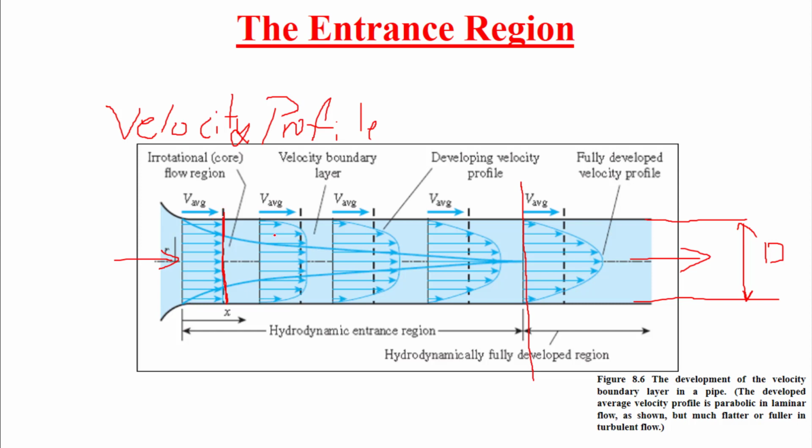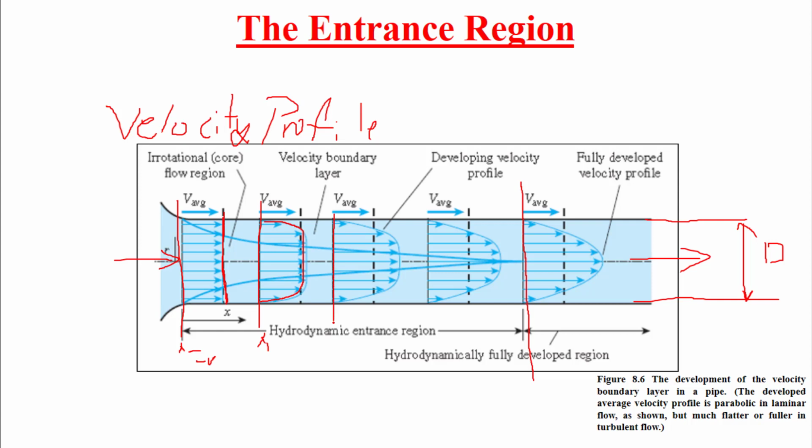Okay. Now, we'll not call it V infinity, we'll call it V entrance. Now, after a certain location, for example here at location x equal to 0. After a certain location, x1, the profile starts developing. Okay, start developing.